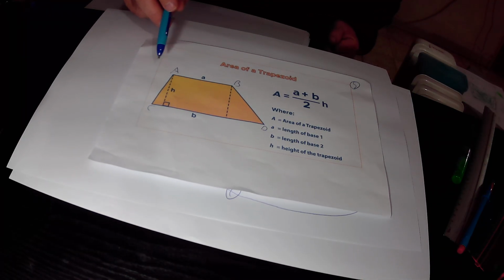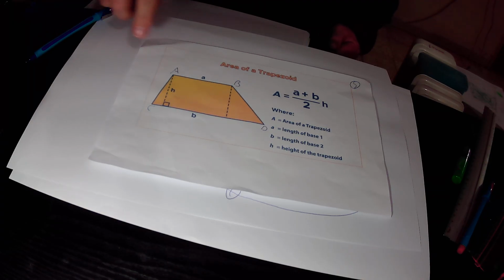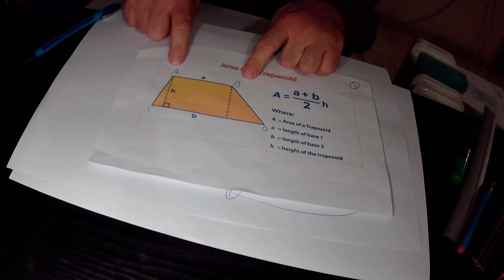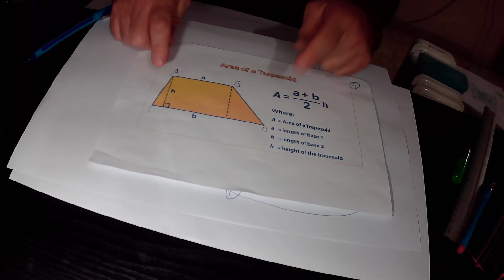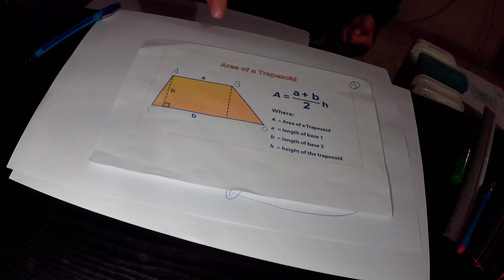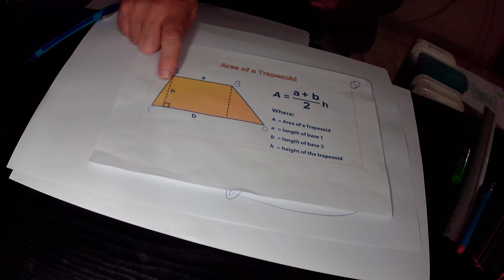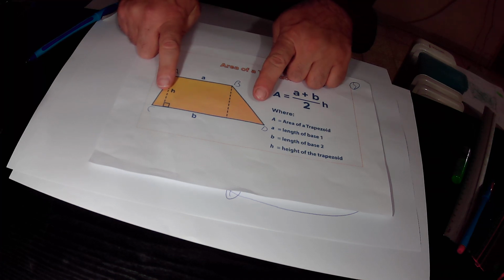Side AB is parallel to side CD. So those two parallel sides are defined as the bases of this trapezoid. The area of a trapezoid equals the sum of its two parallel bases. So if AB equals A and CD equals B, then the area is A plus B times the height over 2. The height must create 90 degrees with the two parallel bases.